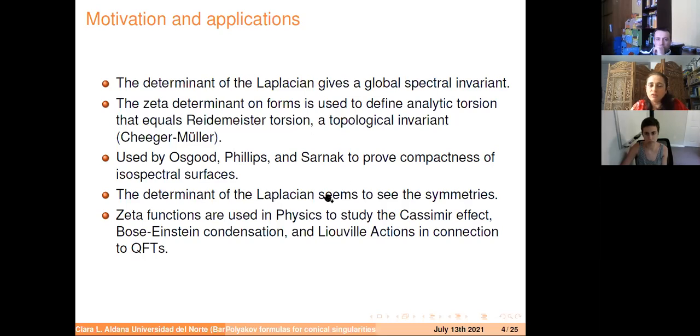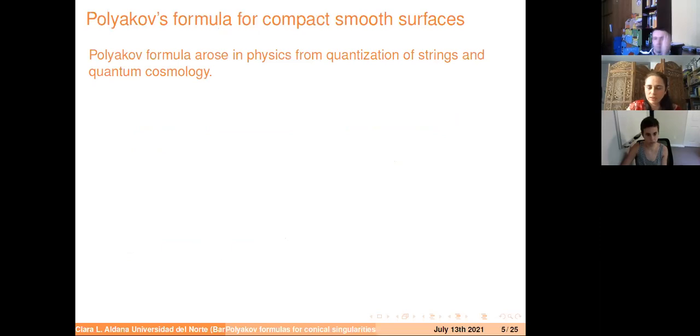It also seems to see symmetries, because some of its critical points are spaces with high symmetry. Zeta functions are also used in physics to study the Casimir effect, Bose-Einstein condensation, and renormalization in connection to quantum field theories. These are just some applications.